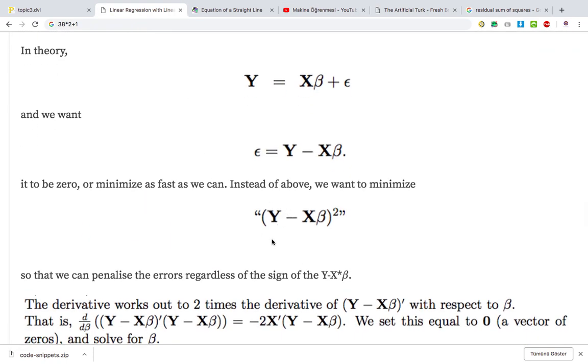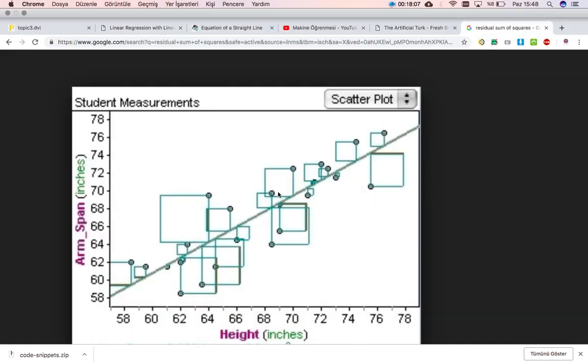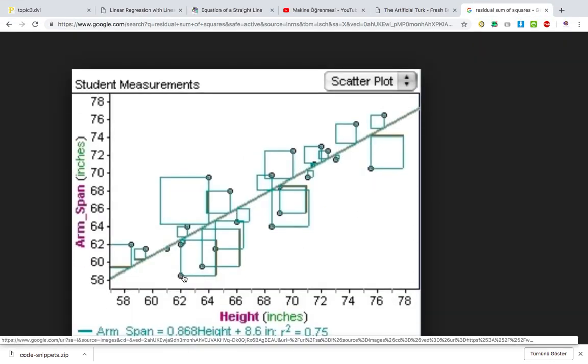If you subtract the real value from the predicted value, for this one the real value is, let's say, 58, and the predicted value is 60. So you get -2 if you do not square.